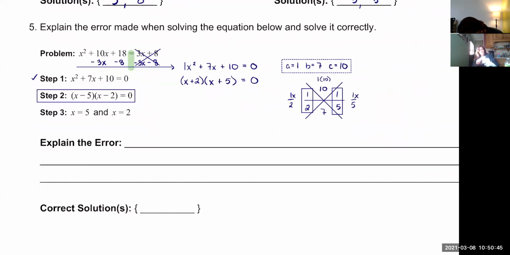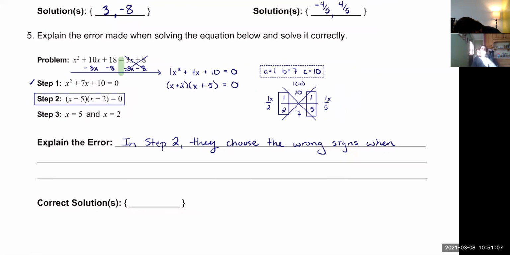So we'll say real quick, in step 2, they chose the wrong signs when factoring.